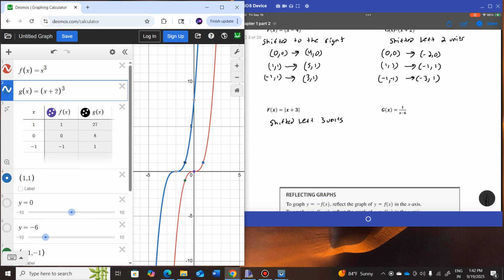And for the absolute value, x plus 3, 0, 0 will go to negative 3, 0. 1, 1 goes to negative 2, 1. And negative 1, 1 goes to negative 4, 1.